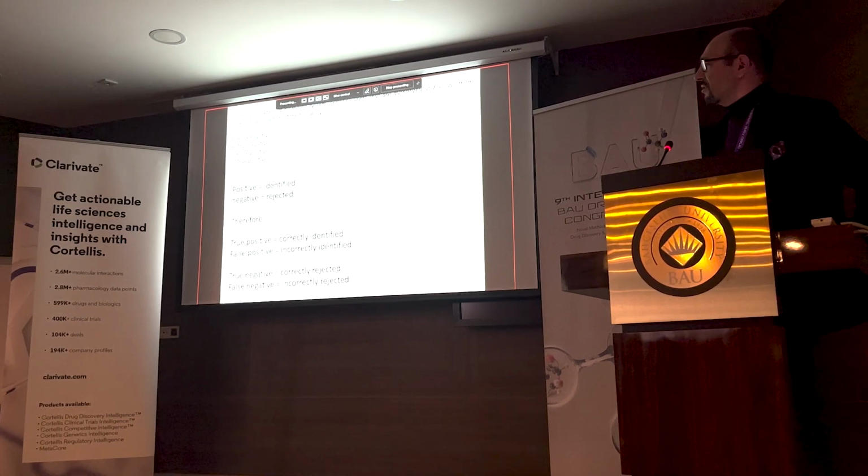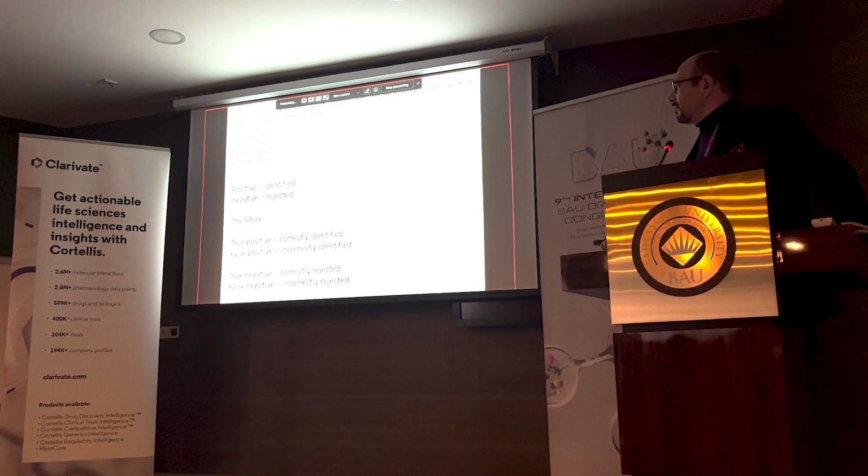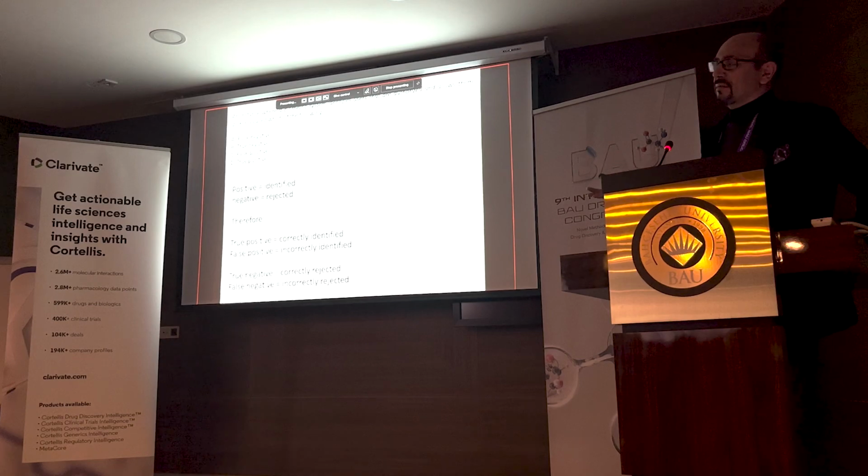So false positive means, let's say if an unauthorized person, the system allows to enter the building, in that case, it is false positive. True negative, correctly rejected. So let's say that if an unauthorized person tries to enter the building and the system does not allow this, then this is called true negative.